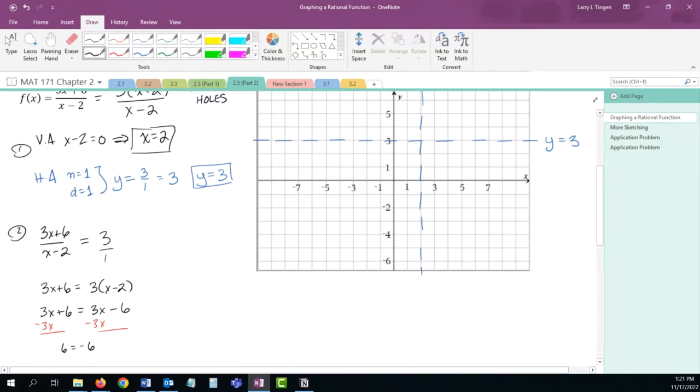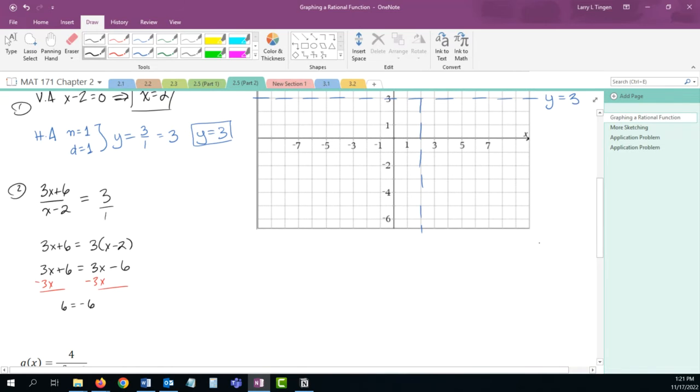So when I do math, all my variables fall out. That means I'm going to end up in a situation where either this equation is always true, or this equation is never true.